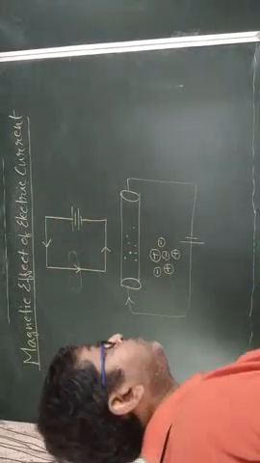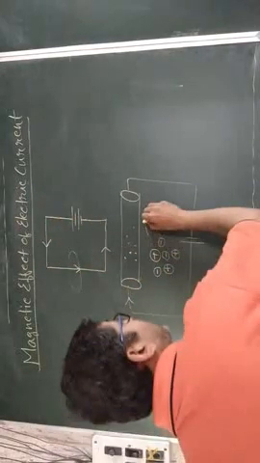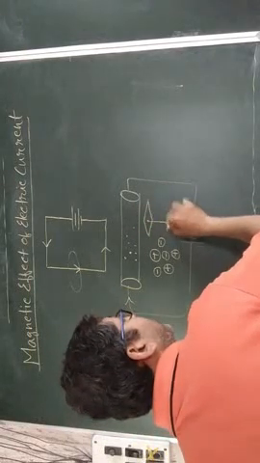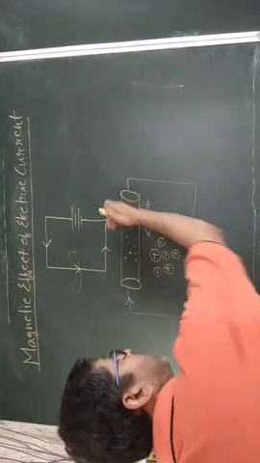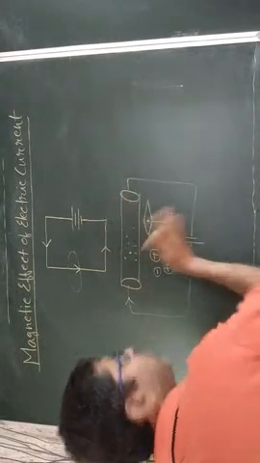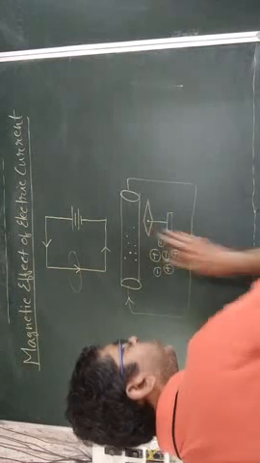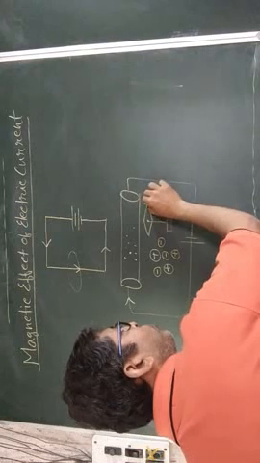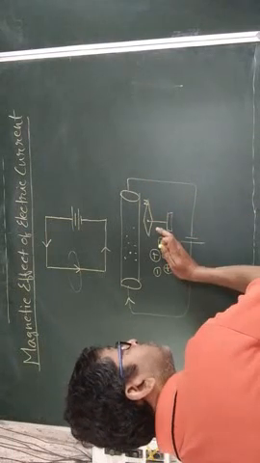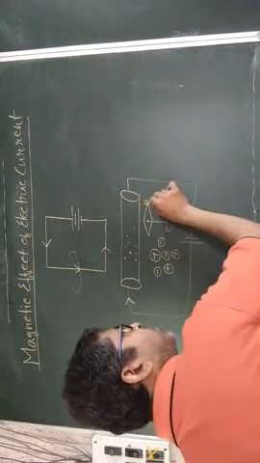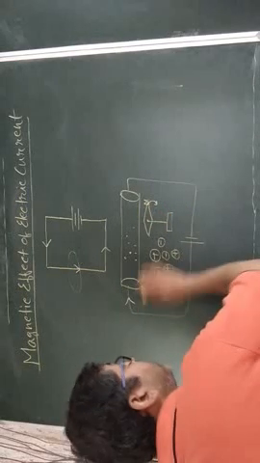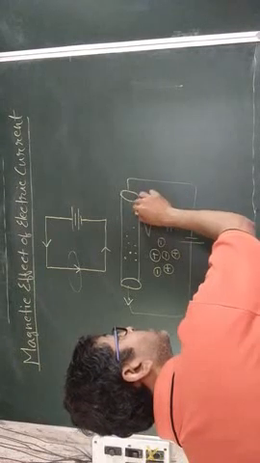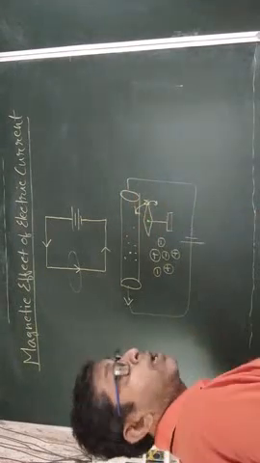Now if we place a magnetic needle below it or above it or at any point around it, and when the current starts flowing, its north pole is seen deflecting in this way or that way, and if we reverse the direction of the current, then the deflection's direction will also get reversed.